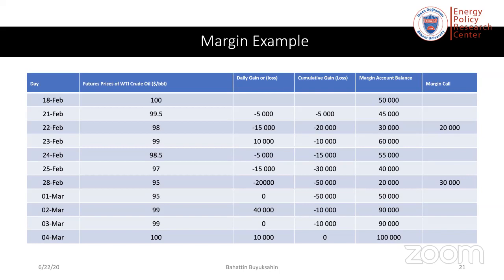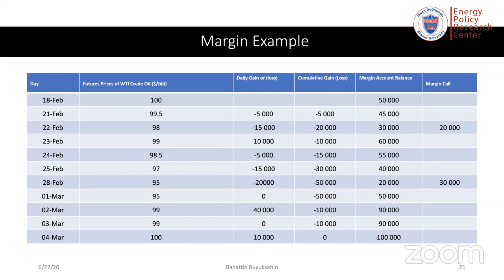Let's assume that on March 4, the price was 99 rather than 100. His margin account was showing a balance of 90,000 the previous day. Basically, if the price doesn't change, the margin account should still show 90,000. The price he paid to buy the contract was 100, but he closed his position at a price of 99. So he makes a loss of $1 per barrel.